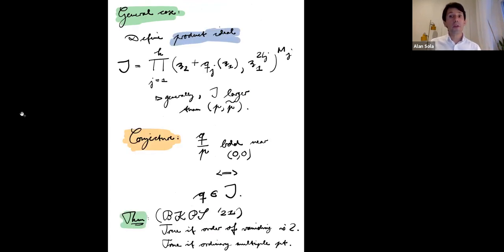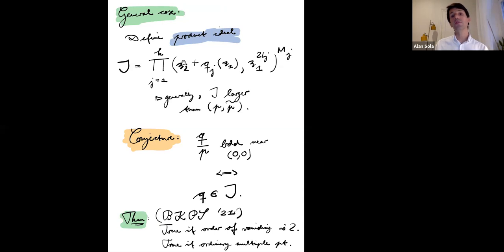So let us define, for a P with the Weierstrass factorization that I displayed, the following product ideal. You generate an ideal in the local ring at the origin by looking at products of this form.